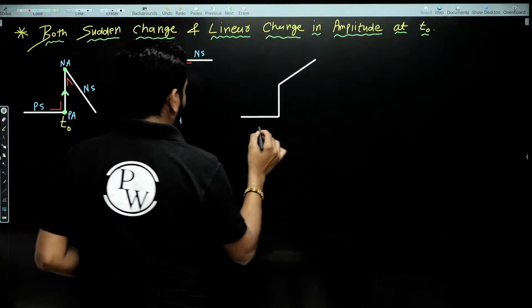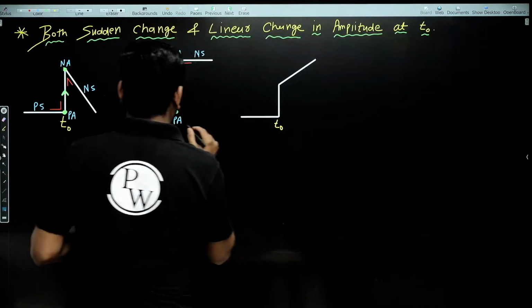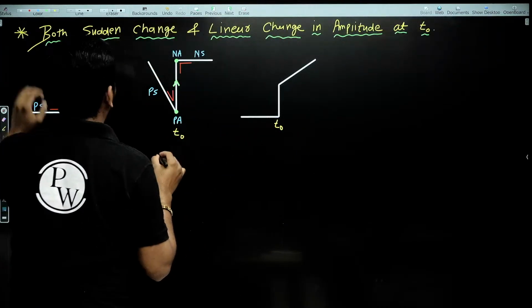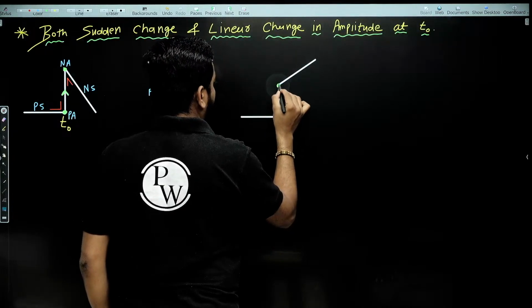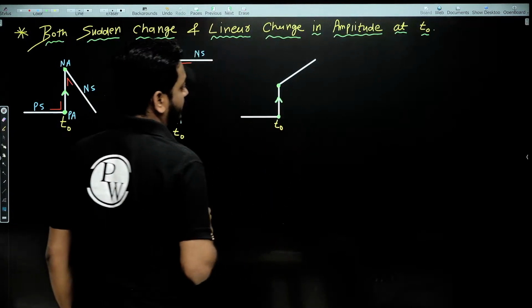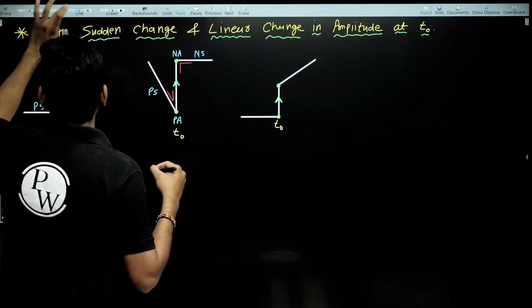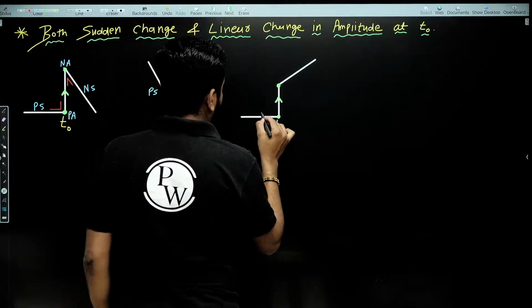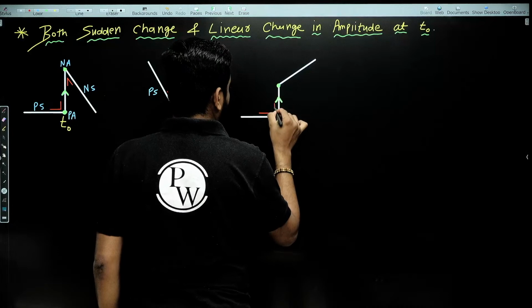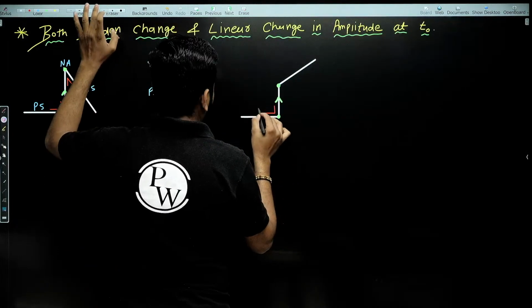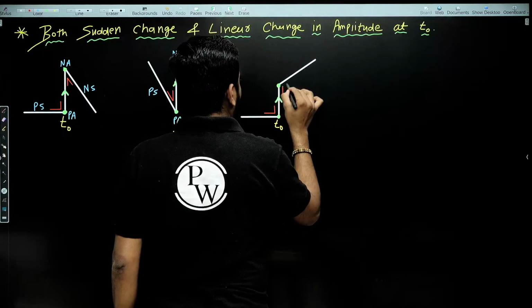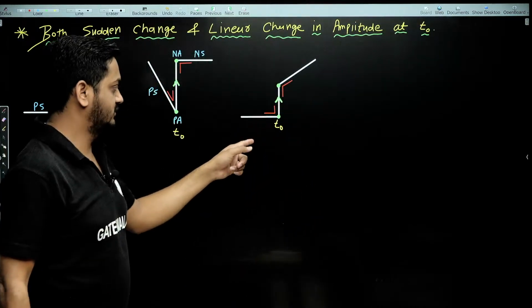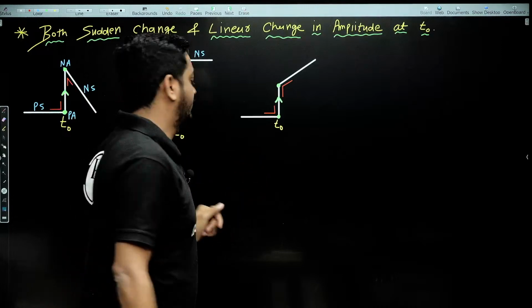Here also at t naught, guys, you can see sudden change in amplitude from here to here, as well as linear change in amplitude also present. So at t naught, the ramp function will come and the step function will also come, guys.